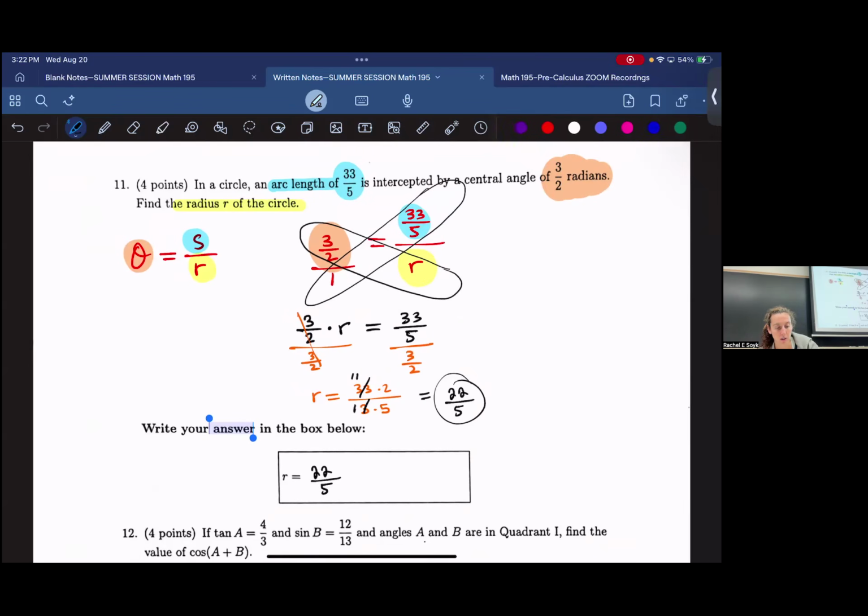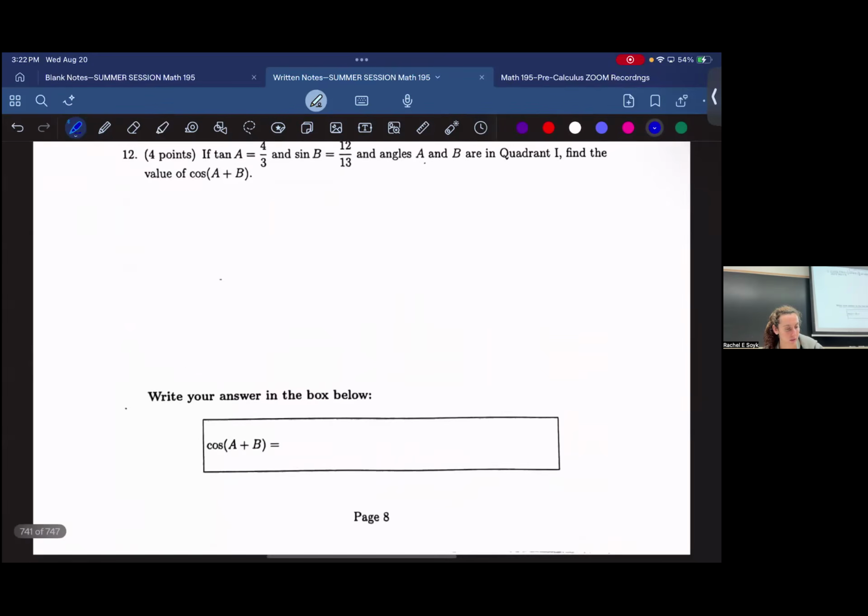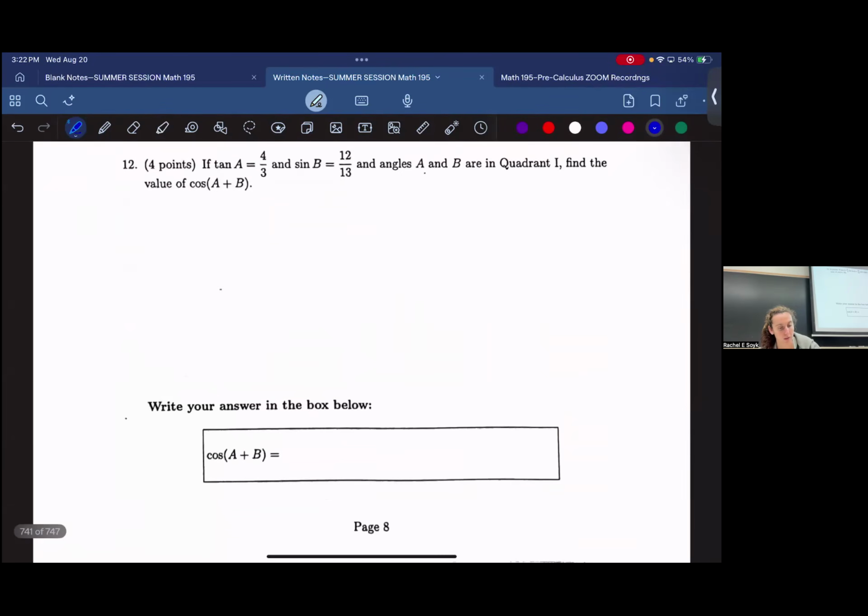Let's move on to question 12. We have if tan A is equal to 4 over 3, well, 4 over 3, 3, 4, 5, Pythagorean triple.